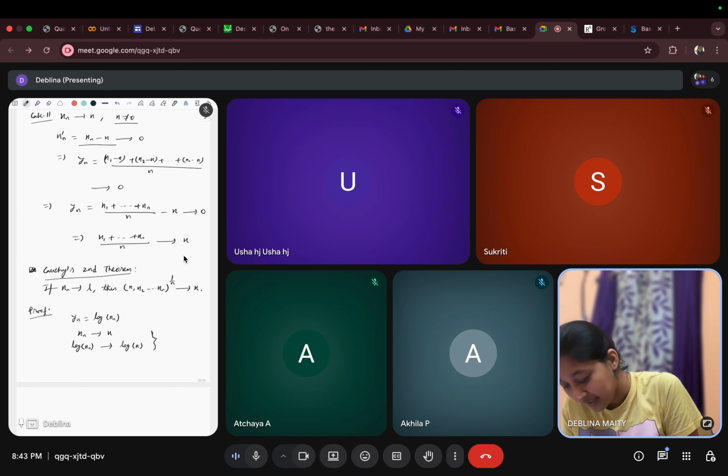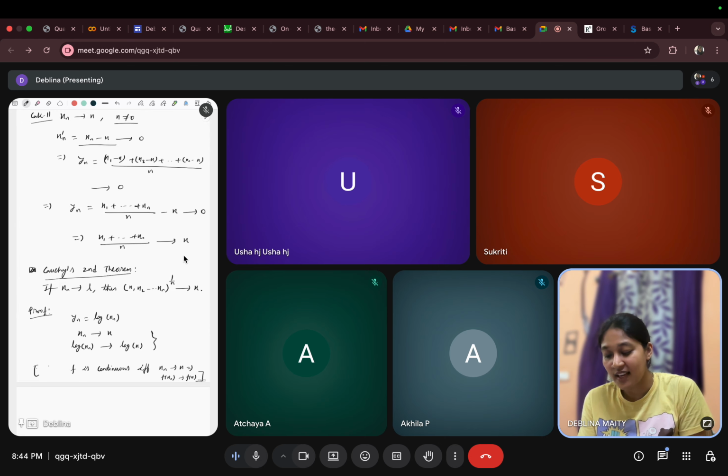I am writing this: f is continuous if and only if xn converges to x implies f of xn converges to f of x. If this is true, then f is continuous, and if f is continuous, then this is also true.